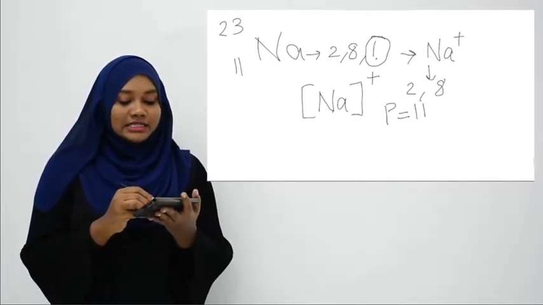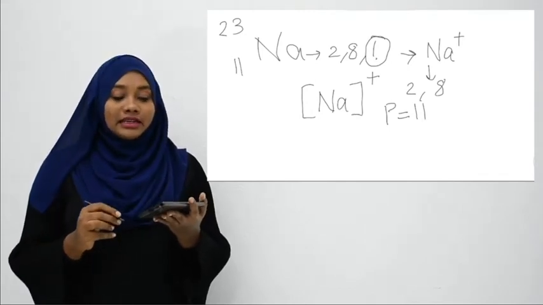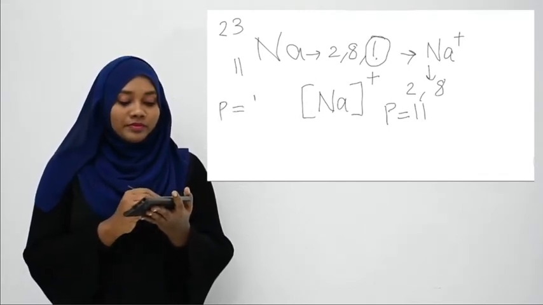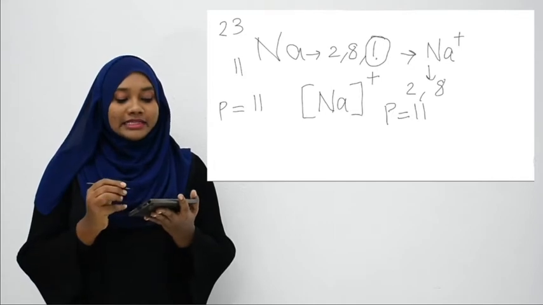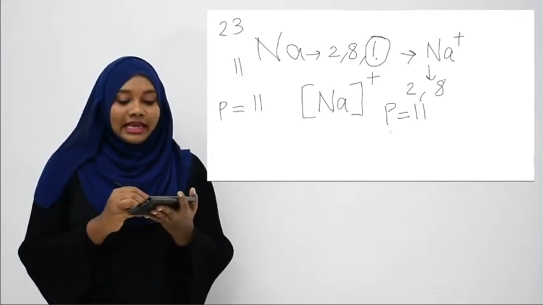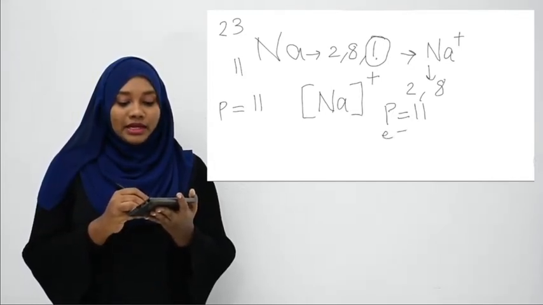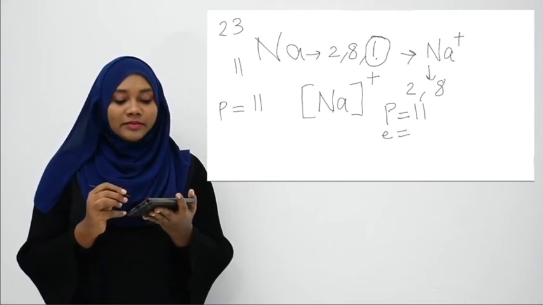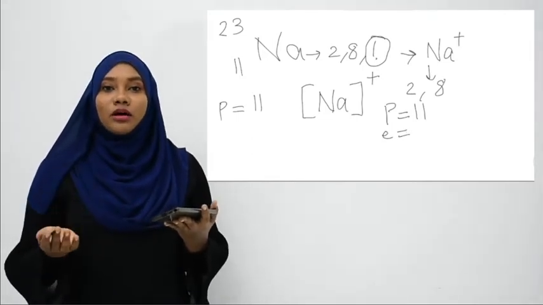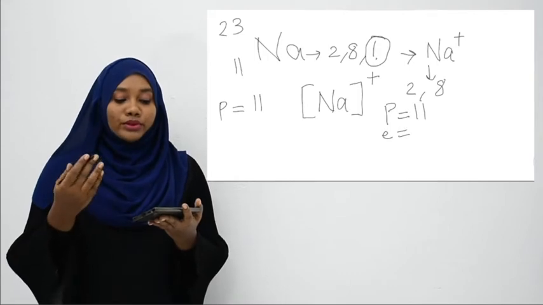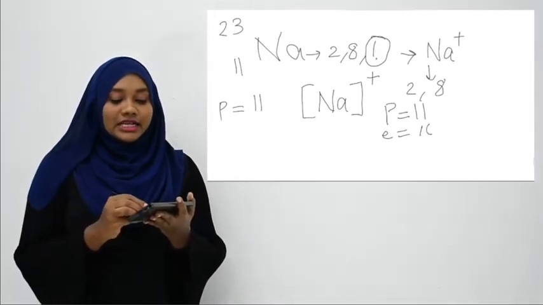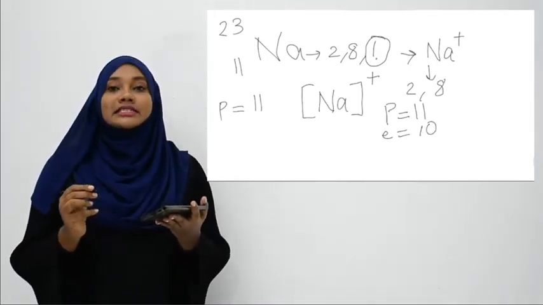So it's 11. The sodium atom also has 11 protons. And in the sodium ion, the number of electrons: the sodium ion is formed when the sodium atom loses 1 electron, right? So it would be 10.